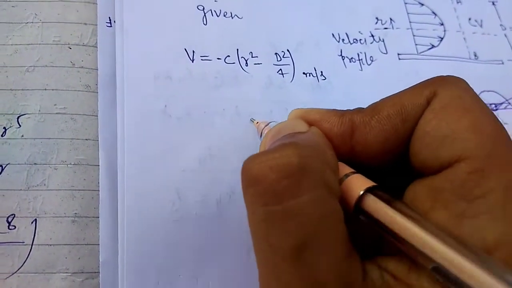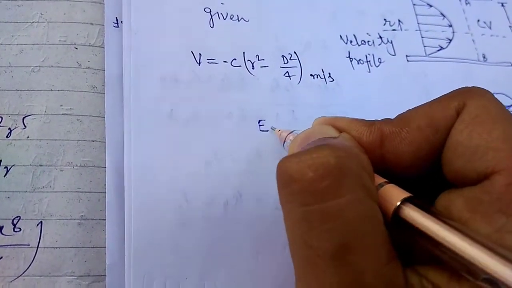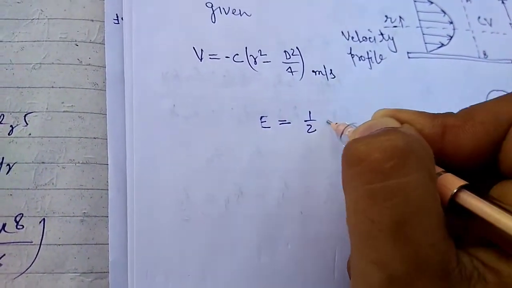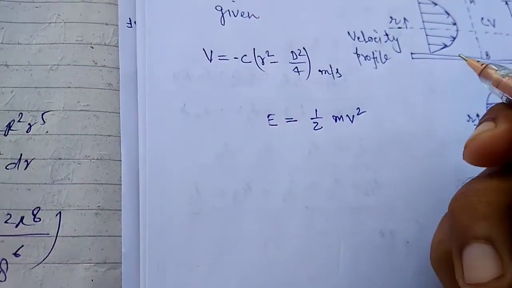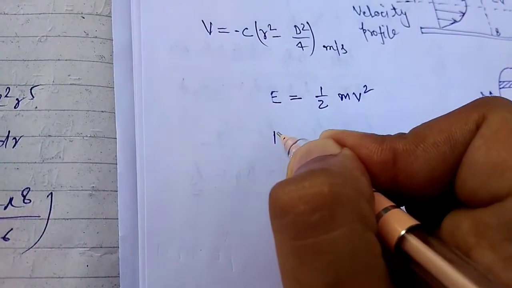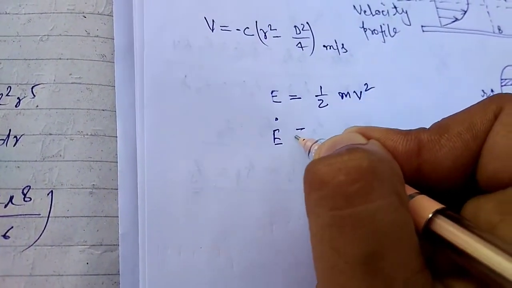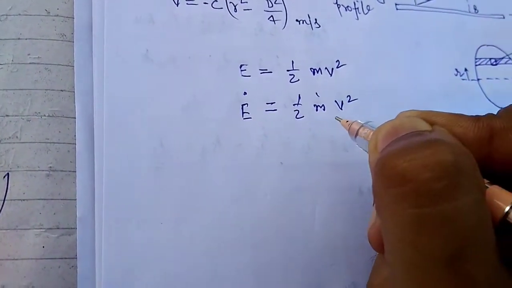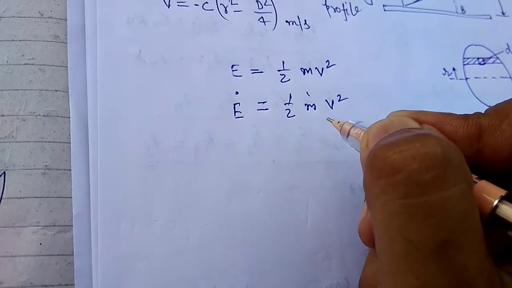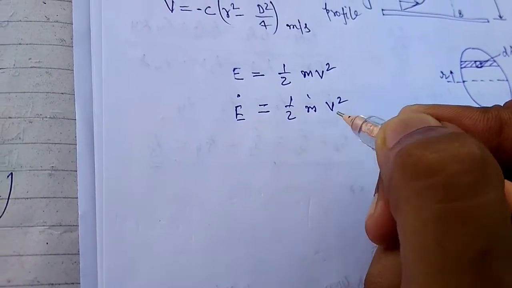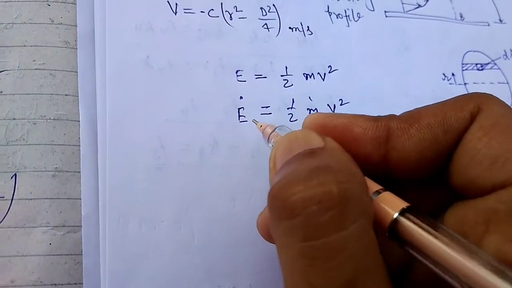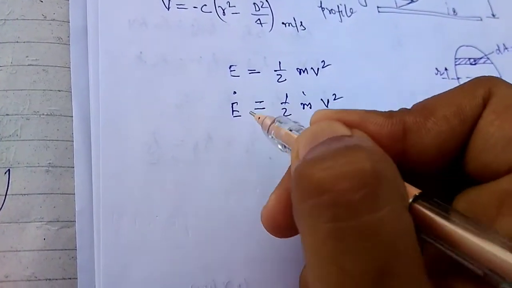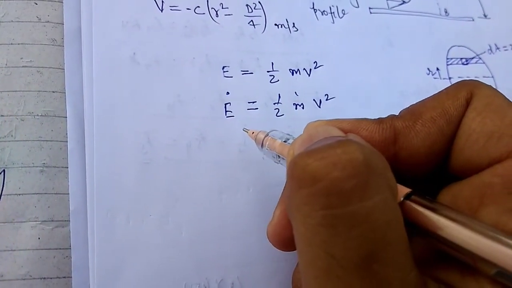Writing kinetic energy E is equal to half m v square, or rate of kinetic energy will be equal to half of m dot v square. M dot is the mass flow rate, which is in kilogram per second, so E dot will be in joule per second.